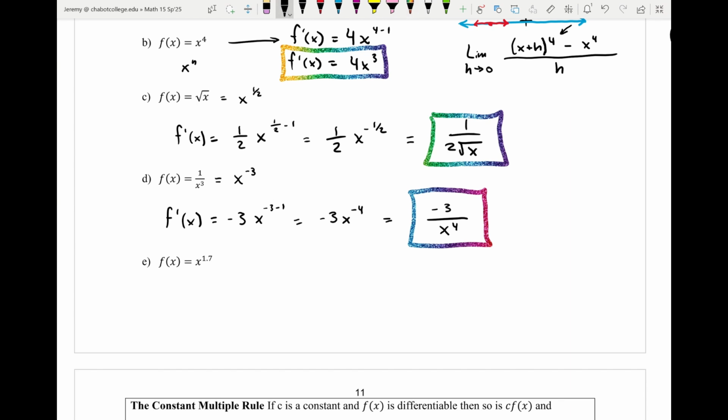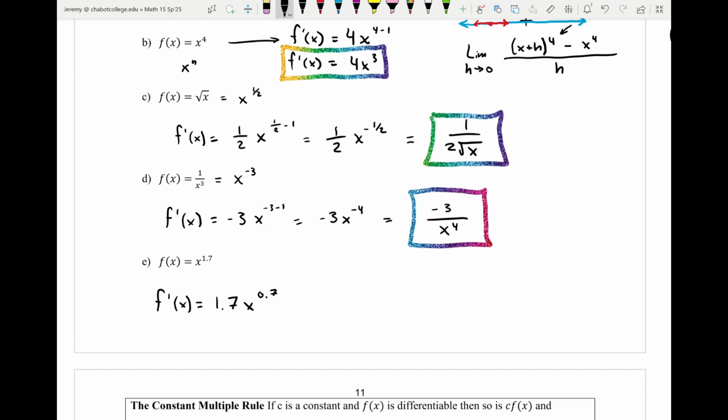Even if our exponent is not an integer, right? In part E, we have f of x equals x to the 1.7. That's a really random exponent, but it turns out we can still apply the power rule. This is just going to be f prime of x equal to 1.7 x to the 0.7.